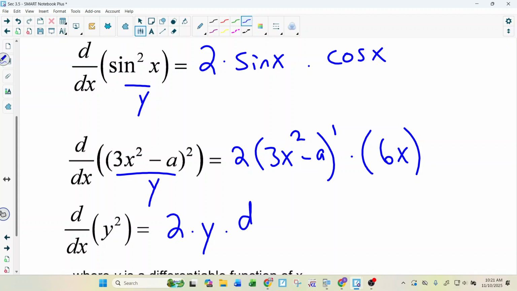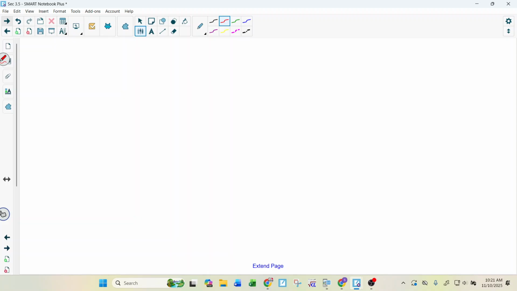Times dy/dx. So if we're taking the derivative and this y is the inside part, we take the derivative of the outside, the inside stays the same, so it stays y, times the derivative of the inside, which should be that. Okay. So these follow the same pattern.